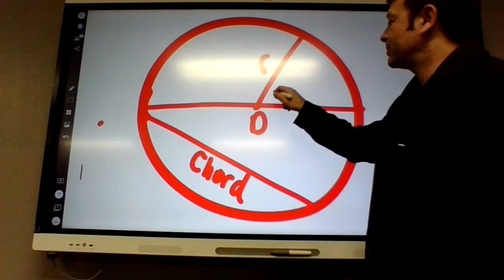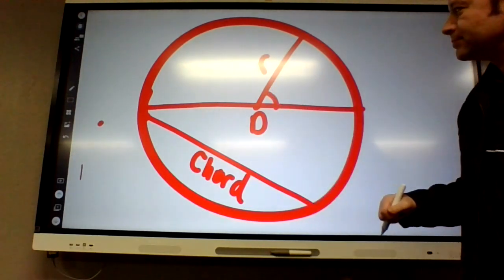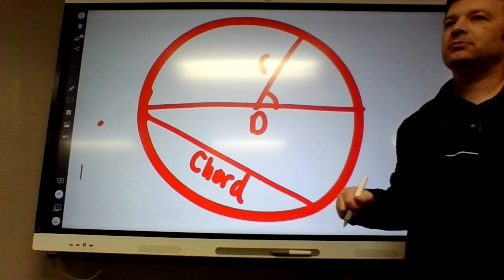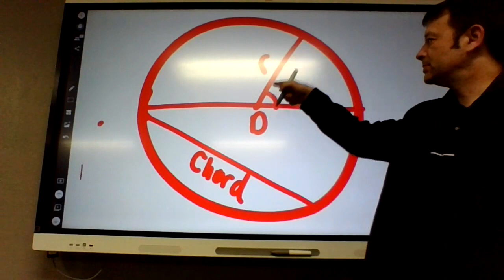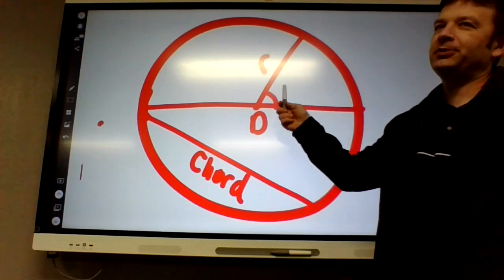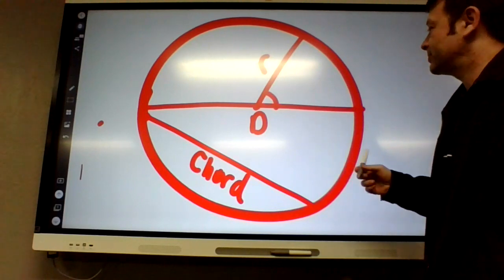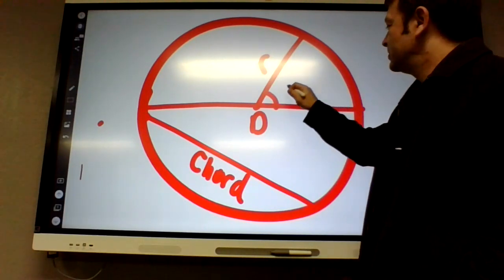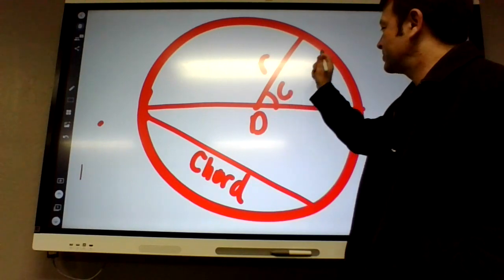Oh, I forgot something. What's this angle called? Between these two. We used it yesterday. Central angle. So usually in circles they use, oh gosh, my letters are too big.